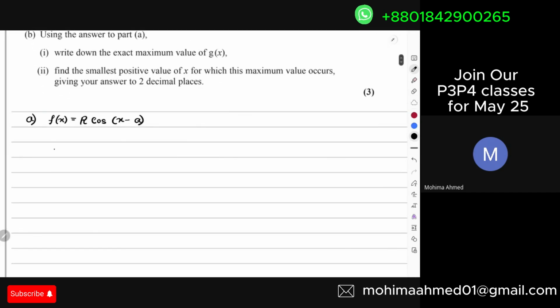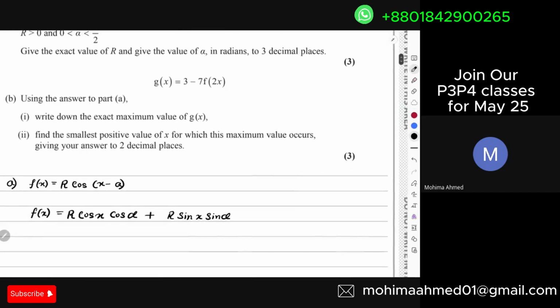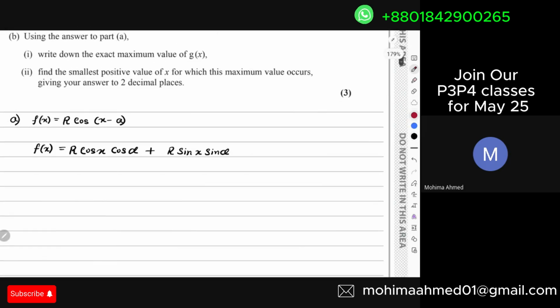So we can write f(x) as R cos x cos alpha plus R sin x sin alpha. And this was exactly written in the equation as cos x plus 2 sin x.